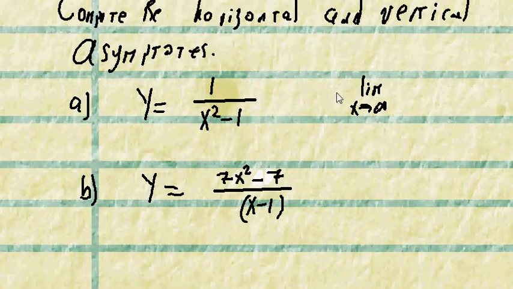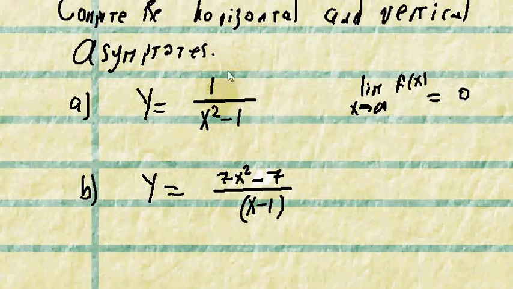Since the denominator has degree greater than the degree of the numerator, and both are polynomials, the numerator being 1 times x to the 0, the limit is 0.